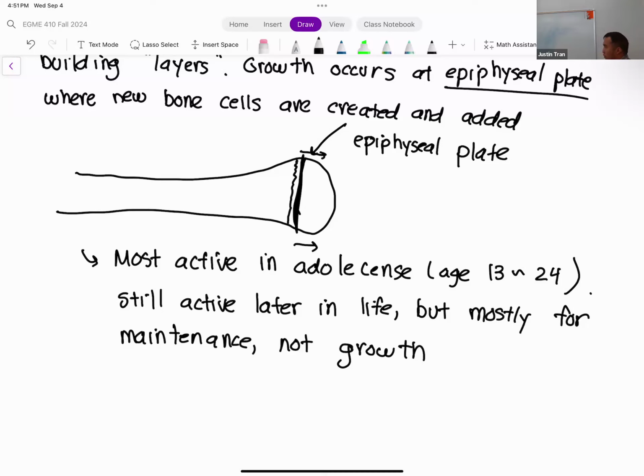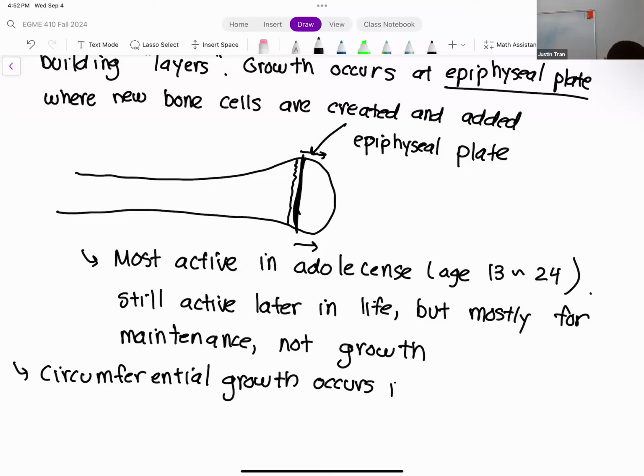And so circumferential growth occurs in relatively the same way. But the purpose of circumferential growth is a little bit different.